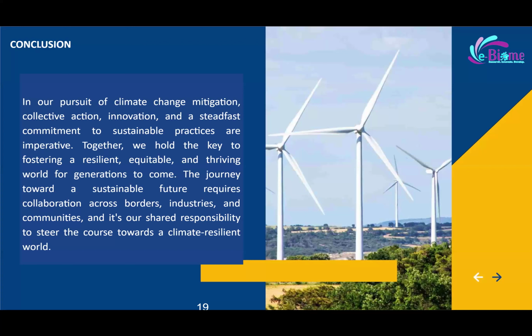So concluding, I think that it is important that we all put in an effort to ensure that we are producing a greener and sustainable future. So the pursuit of climate change mitigation takes collective action. It takes innovation and a steadfast commitment to sustainable practices. You can't do away with climate change without the innovation aspect, without a collective action involving women, children, the youth in it.